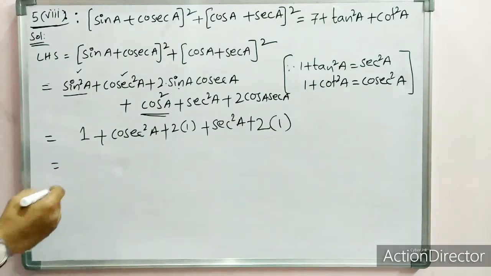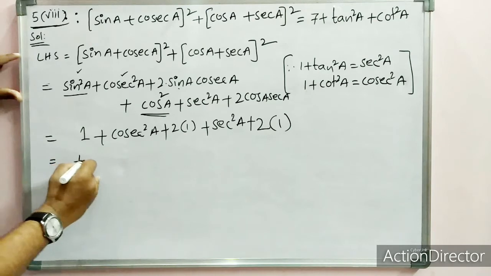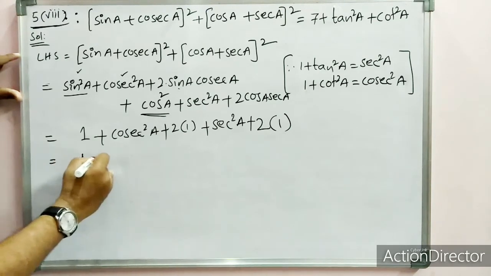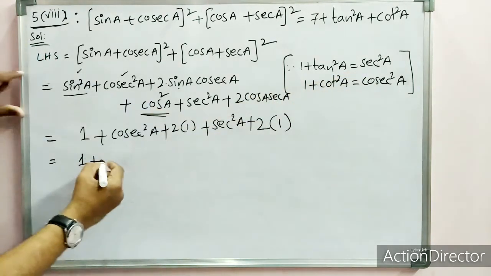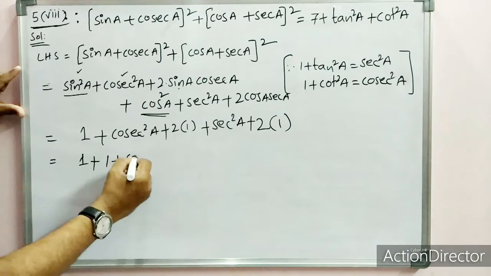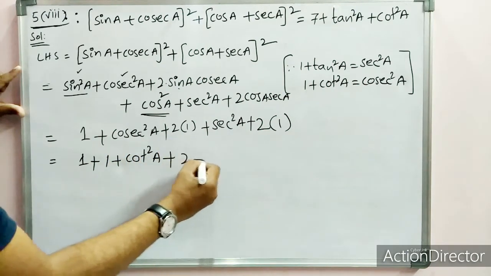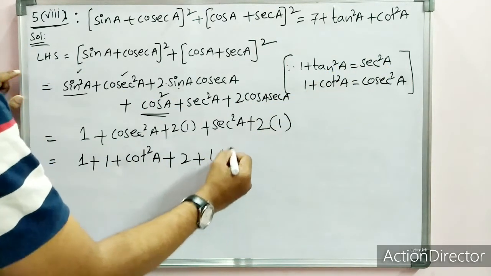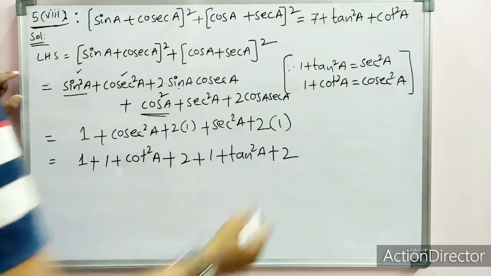Now you observe, we have 1 plus cosecant square A. I can write cosecant square A as 1 plus cot square A, plus these two as they are. Then secant square A is 1 plus tan square A. Lastly we have 2.